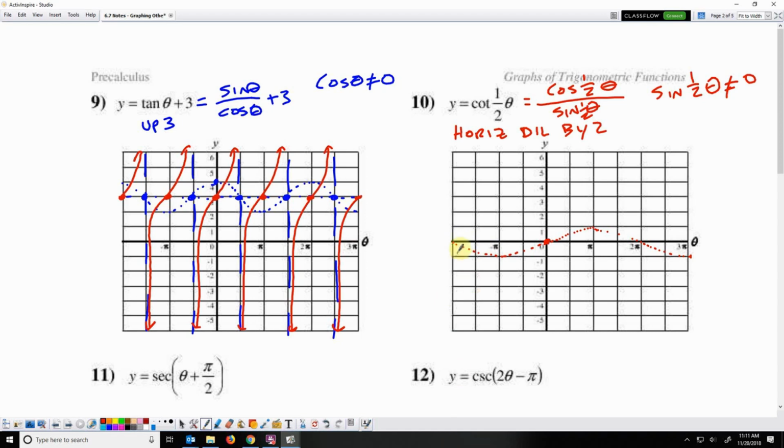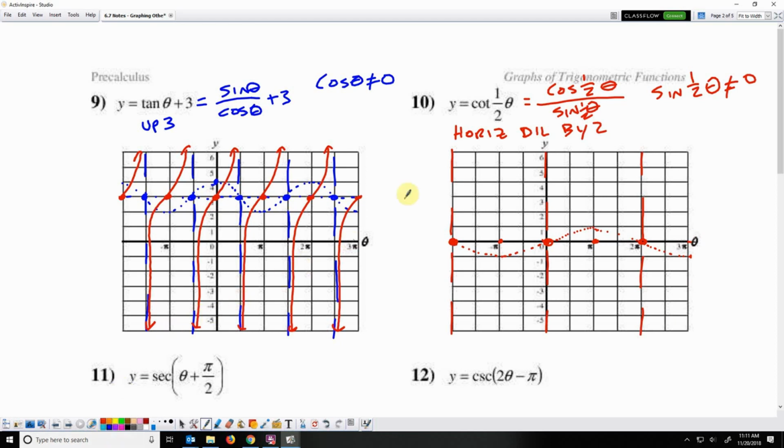Every time it touches its axis, there will be an asymptote. So I've graphed a sine wave twice as wide as the basic sine wave. Halfway through each interval is the point that I'm going to have to go through.